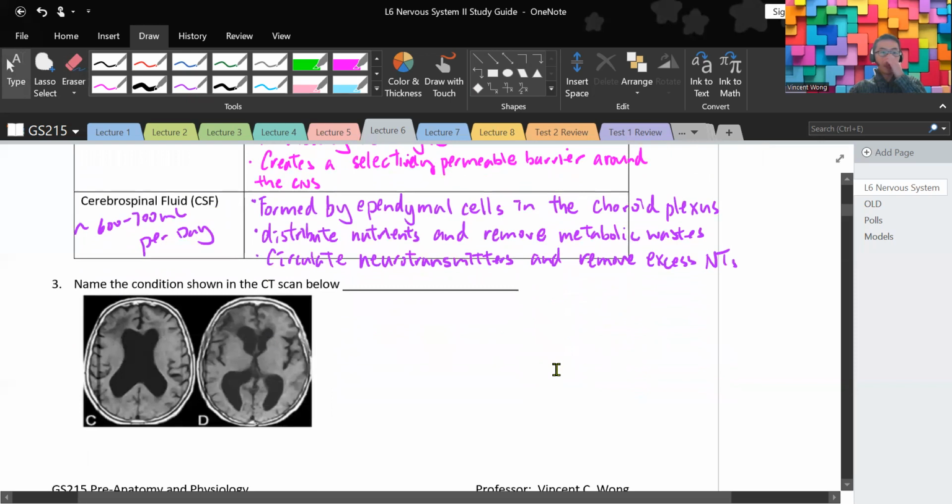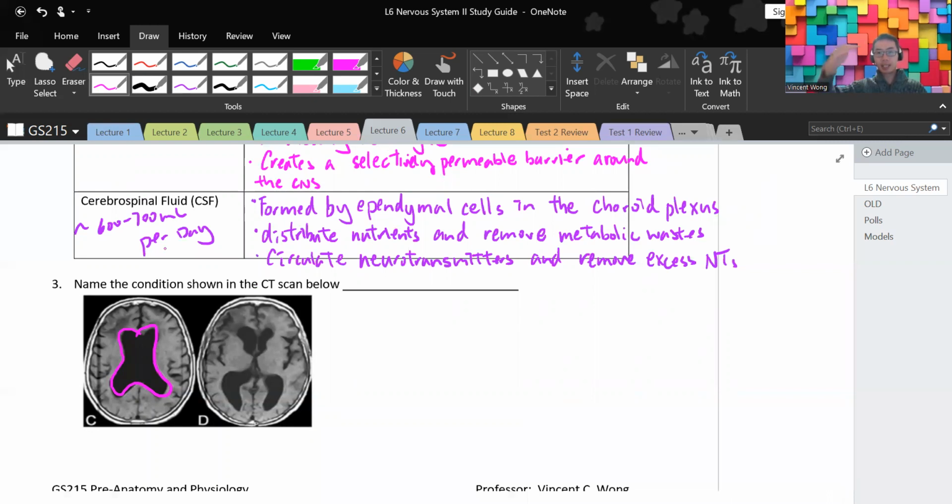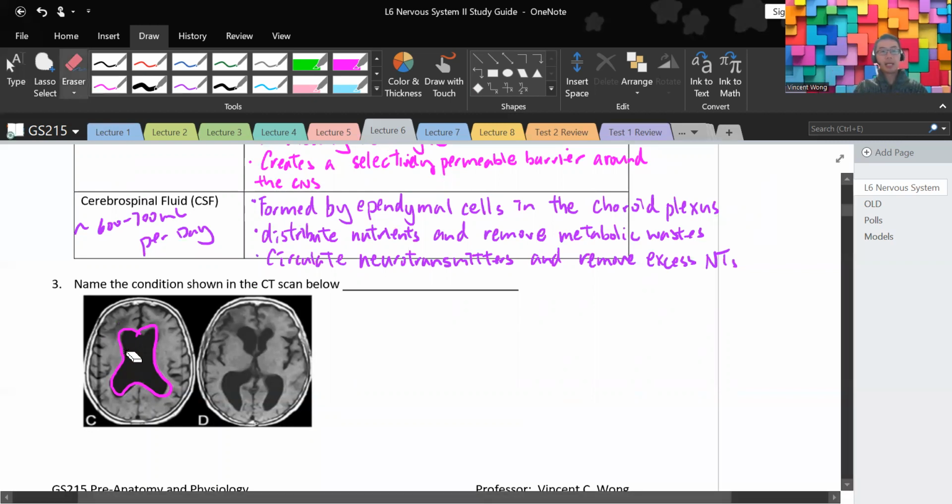So over here we have two scans, and what is wrong with the lateral ventricles here? Okay, first of all, this is a transverse view, a transverse cut of the brain. You cut it this way, okay, and then you're looking at it from the bottom here.